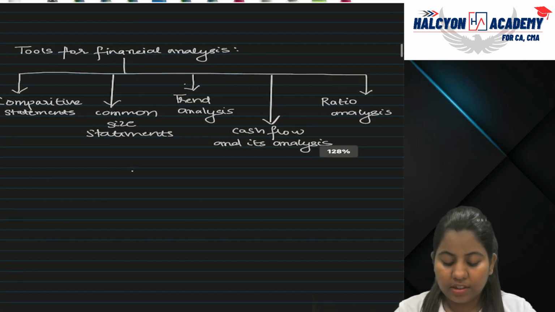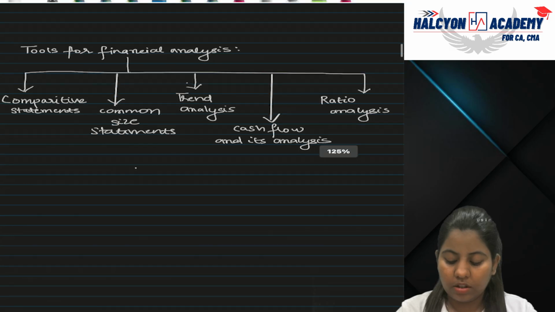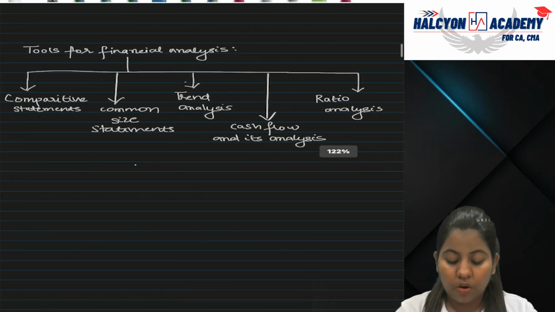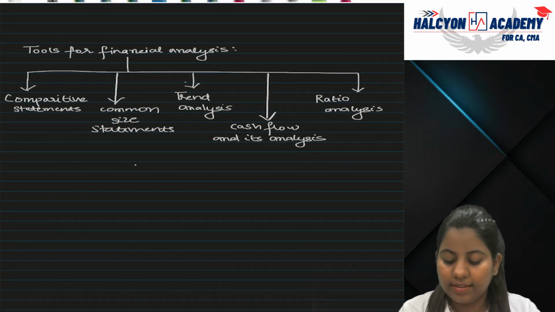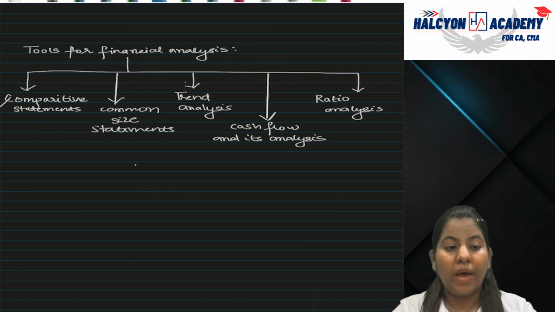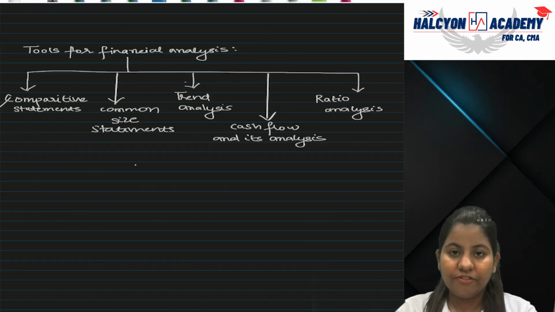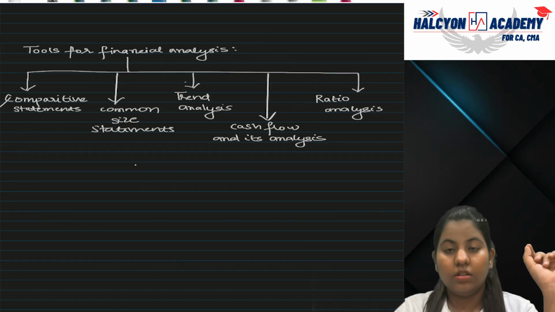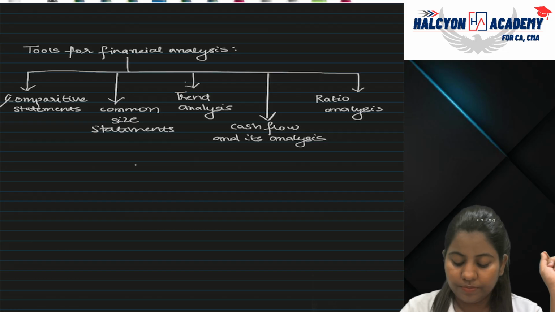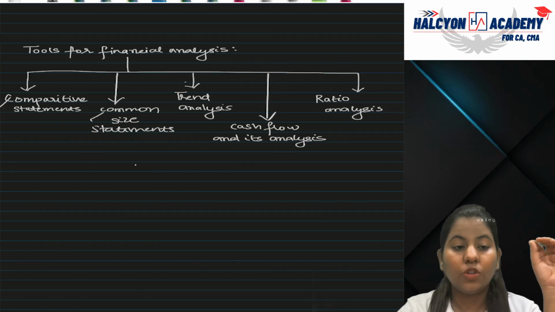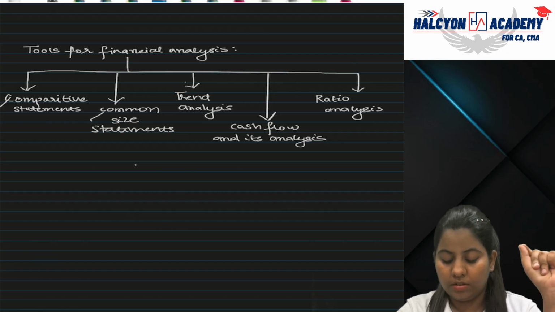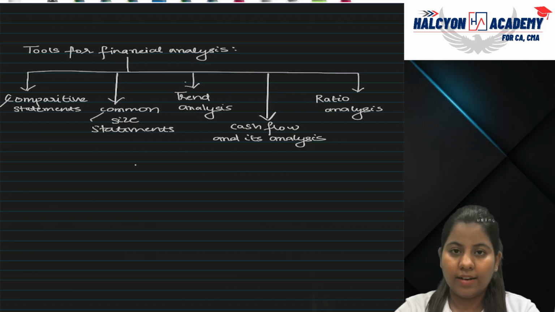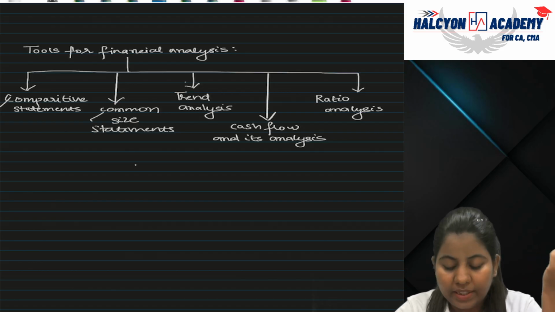The first one is comparative statements, or comparative financial analysis. This is the first tool. Then the second one is common size statements, common size financial analysis or common size statements.